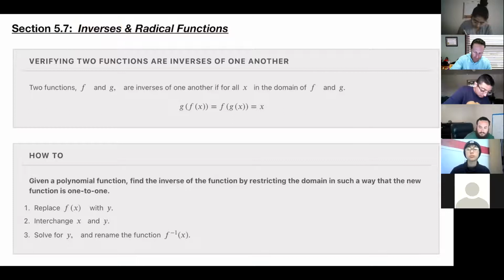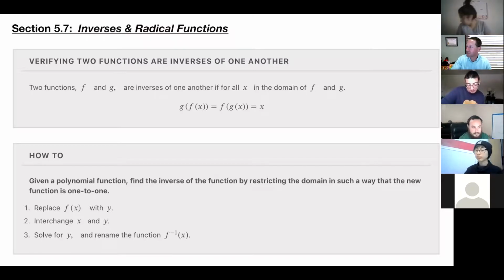5-7, we're going to talk about the inverse, which remember is just a fancy term for reverse, and then root or radical functions. So inverses is just another way for us to say that one undoes the other: adding, subtracting, multiplying, dividing, squaring, square rooting.